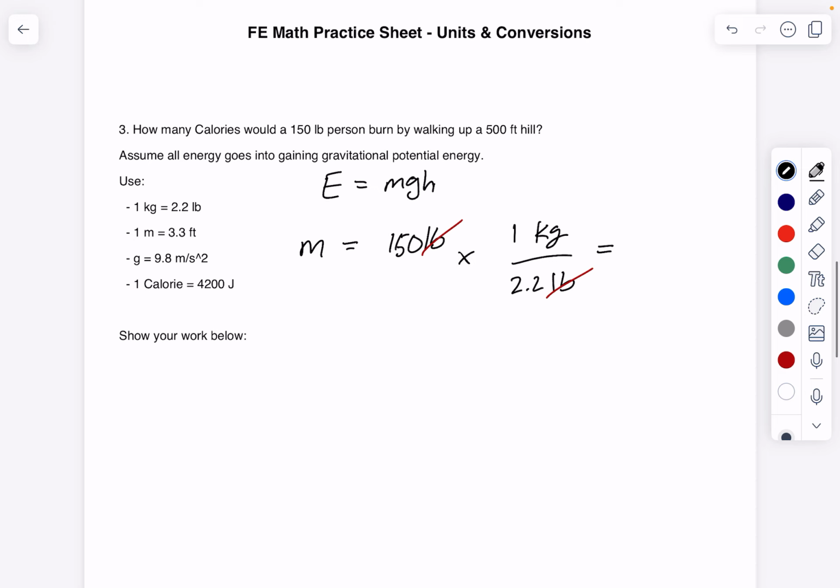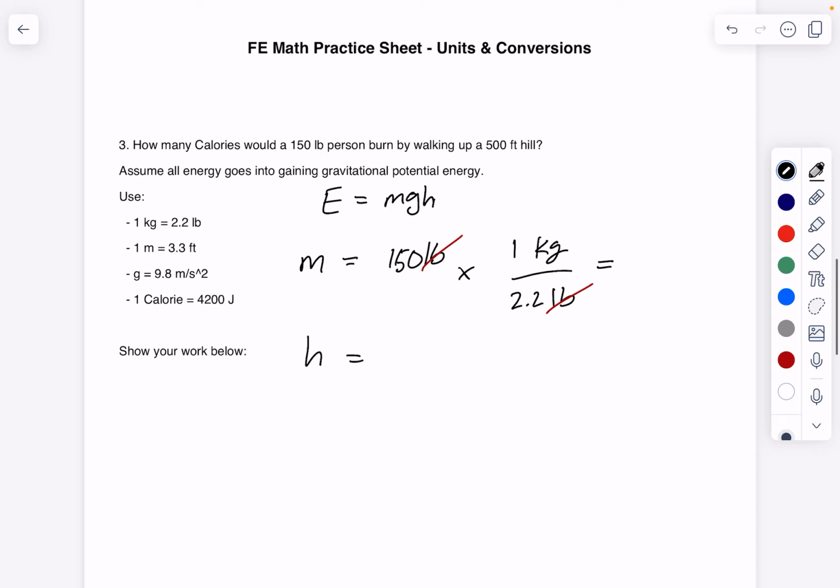Okay. Gravity is actually okay. Then our height we'll do next. Okay, so we need 150 divided by 2.2, which is 68.18 kilograms.